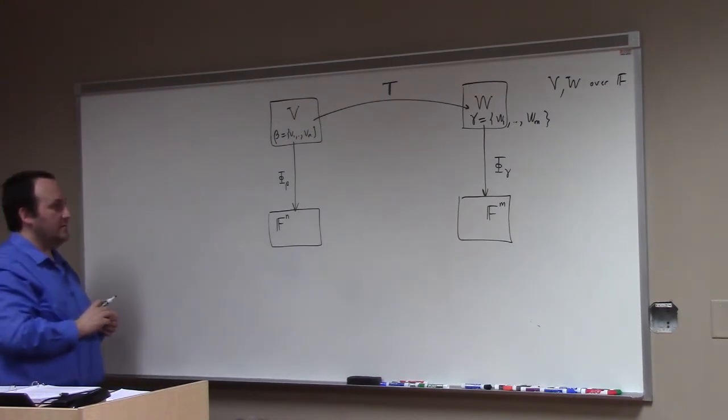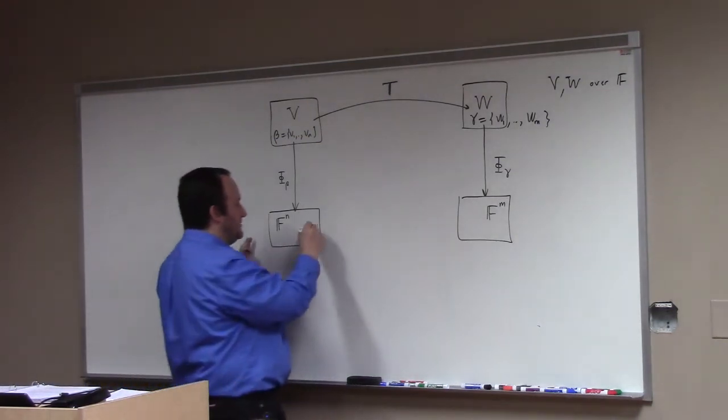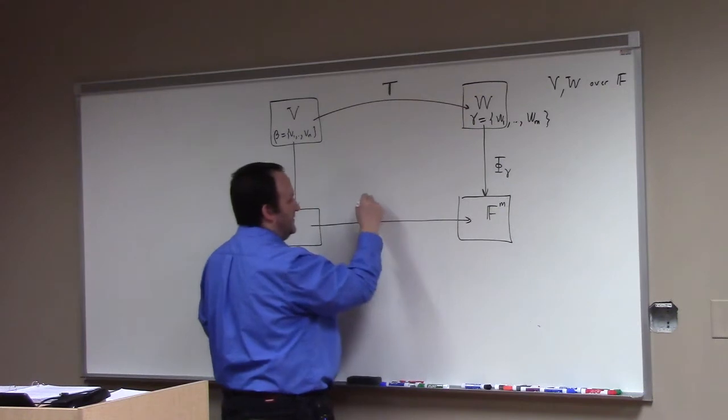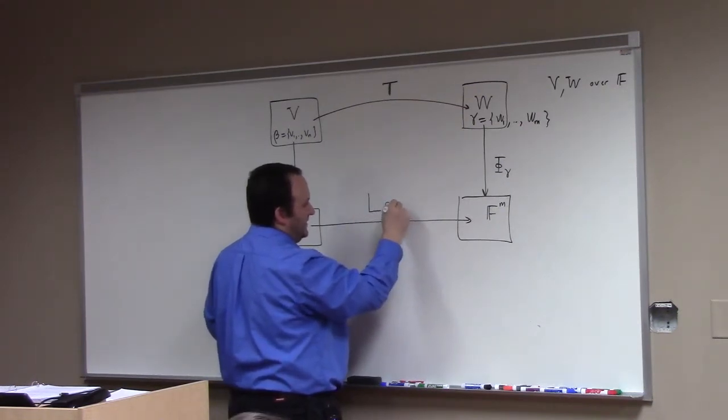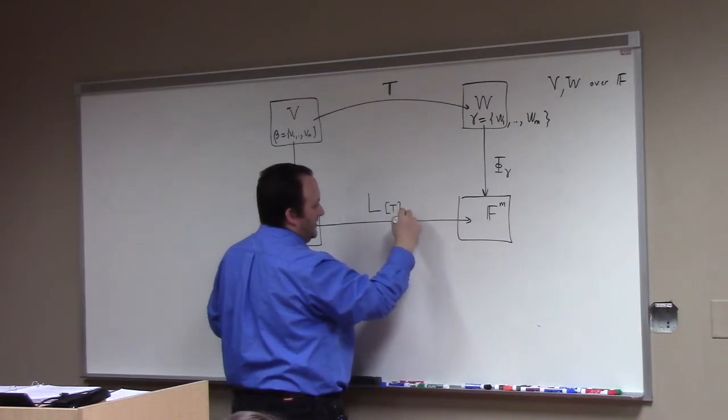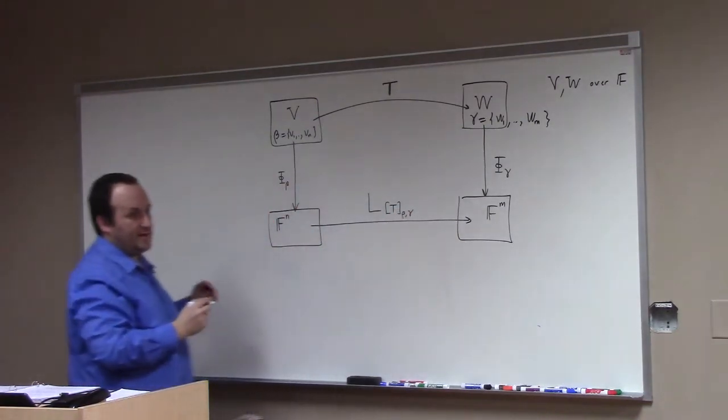for W. And then down here, we have left multiplication by the standard matrix of T. Well, not the standard matrix, but the matrix of T with respect to beta and gamma.